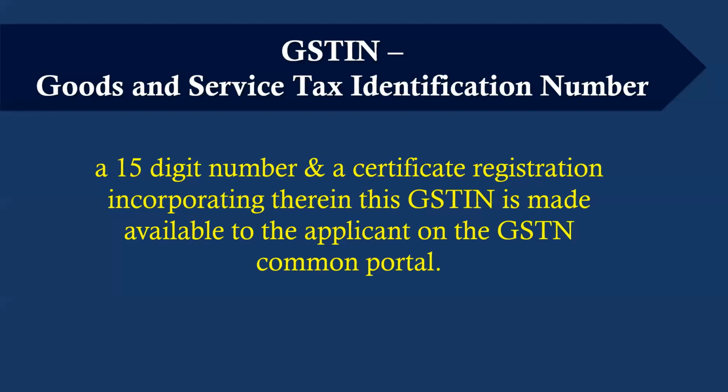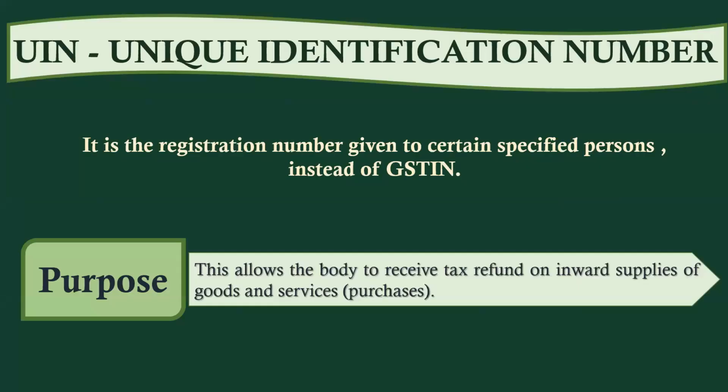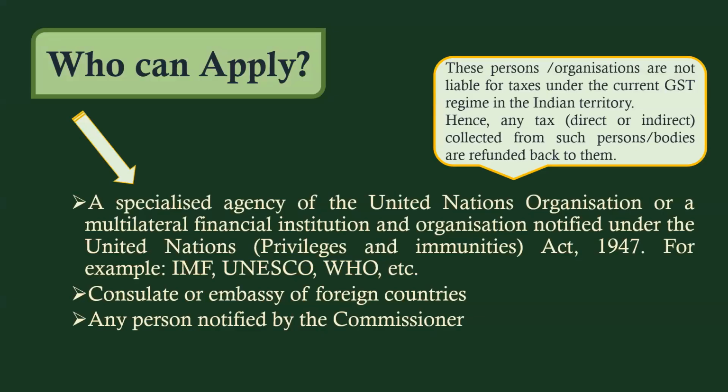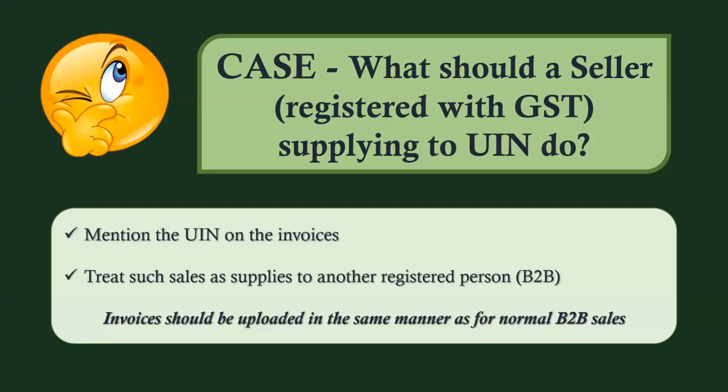Just a recap. That is the reason I'm sliding from the first part, so that everything has been recapped by you. The format is UIN, who can apply for it, how it is to be registered, how the return filings can be done. Then we have discussed the case also, what one has to do.